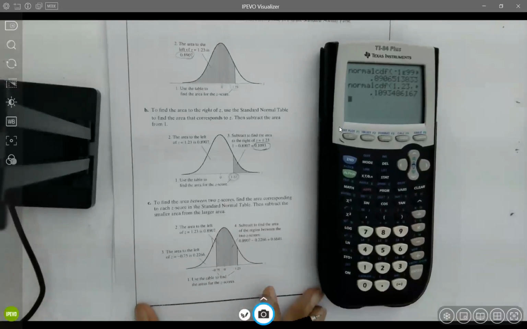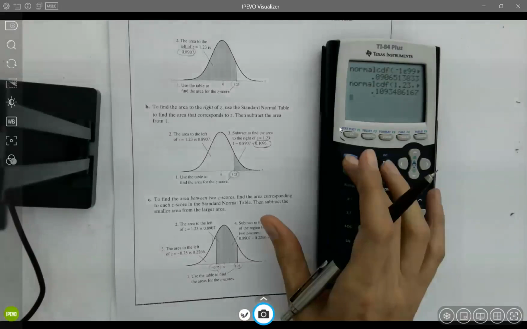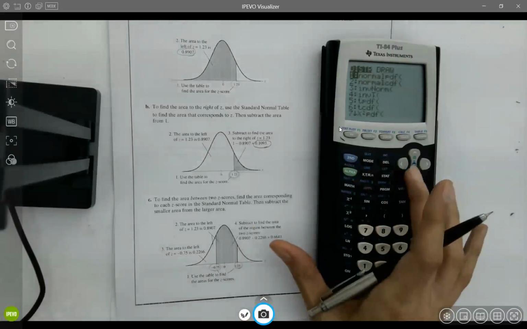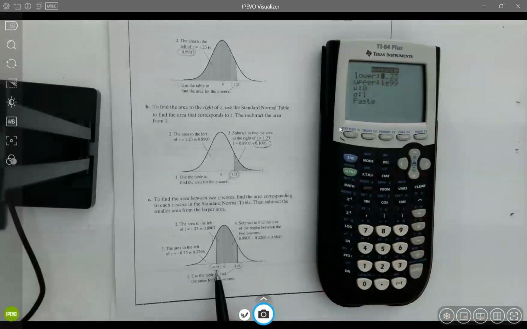And finally, when we are finding the area in between two values, the lower limit is negative 0.75 and the upper limit is 1.23. So second, VARS, normal CDF, your lower limit is negative 0.75.